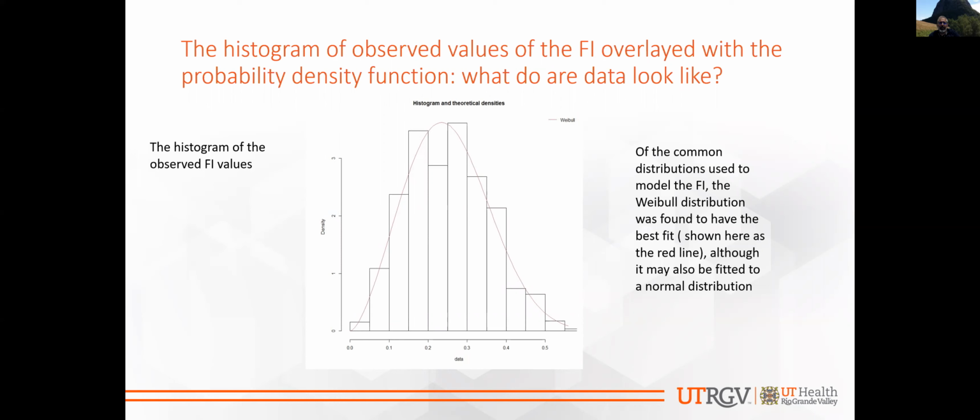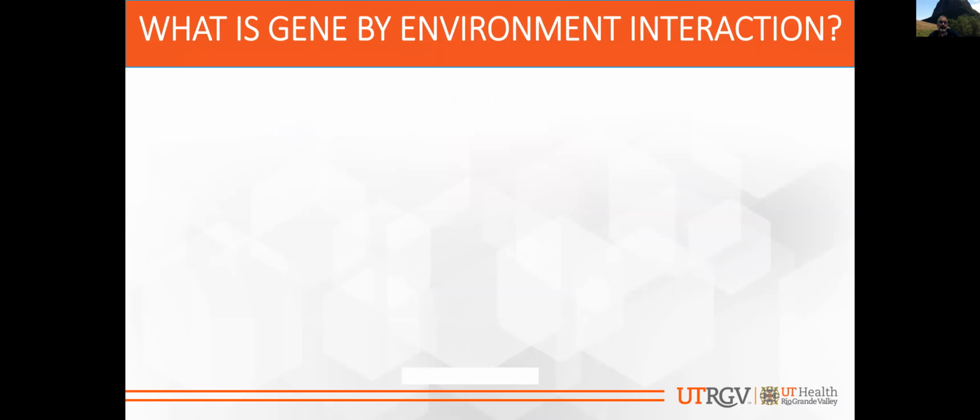If you calculated a theoretical fit, of the common distributions used to model the Frailty Index, the Weibull distribution was found to have the best fit, shown here as that little red line. Although it may be the best fit, it could also be fitted to a normal distribution. That's important for our calculations.